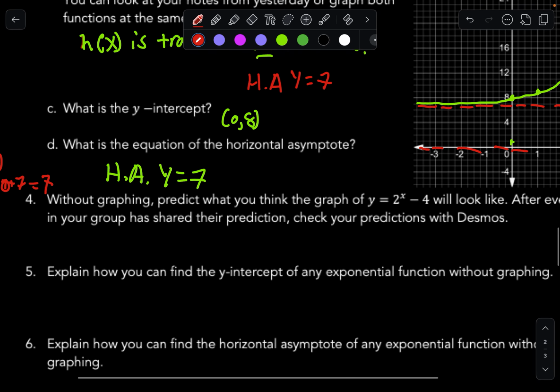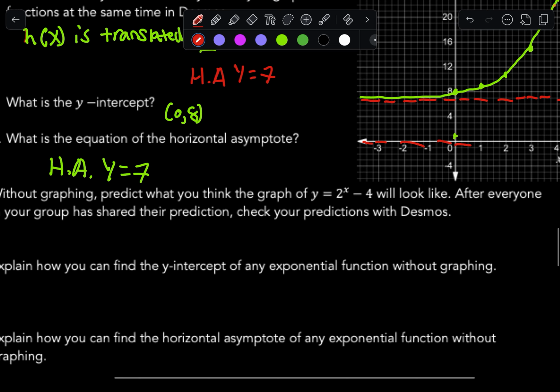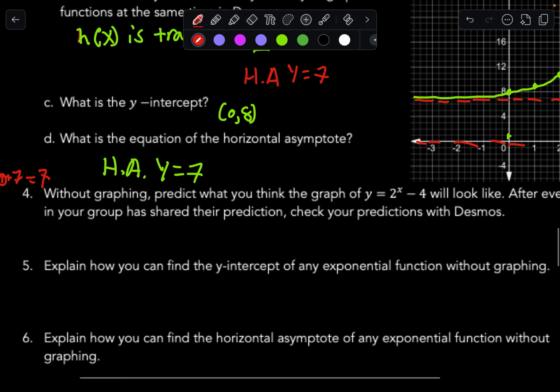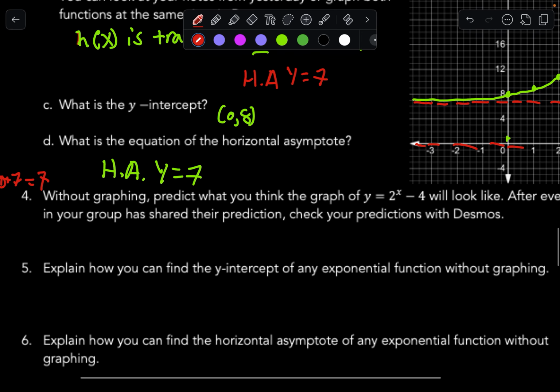So without graphing, predict what you think the graph of y equals 2 to the x minus 4 will look like. After everyone in your group shared their prediction, check your prediction with Desmos. So now they want you to imagine what this would look like.